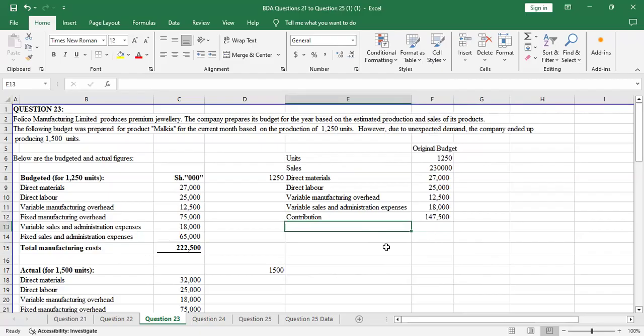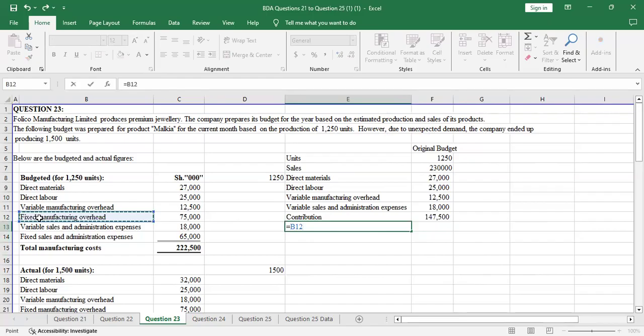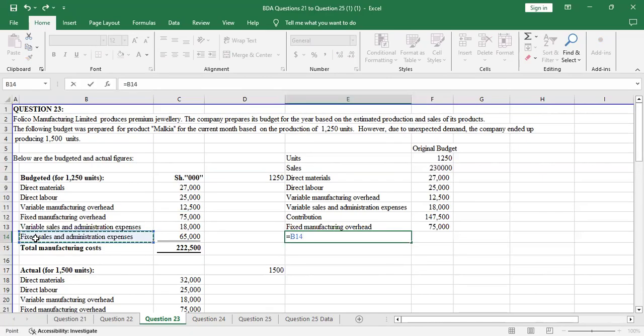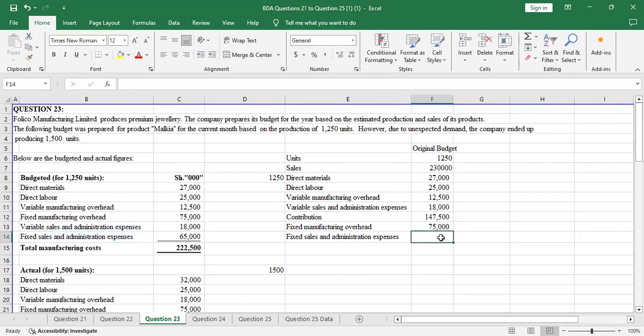Then I'll have fixed costs now. I'll take fixed manufacturing overhead, less from the contribution. Then we'll also have fixed sales and administration expenses. These are fixed costs, so I'll also deduct that, so that we get the operating income, or the profit before tax.